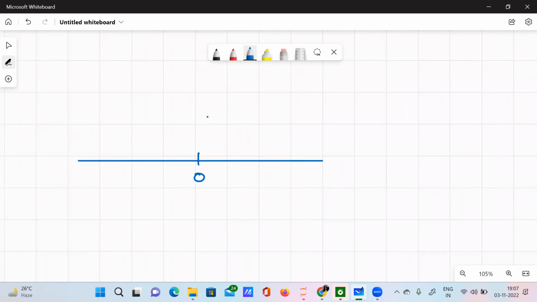Imagine that this is 0, and on the right side of 0, I'm having the values 100, 200, 300, etc. And on the left-hand side, I'm having minus 100, minus 200, minus 300.